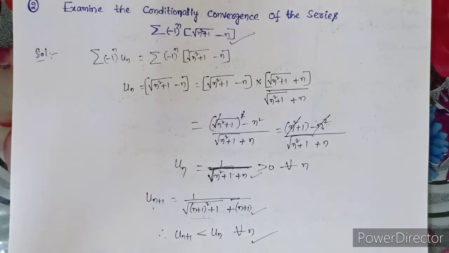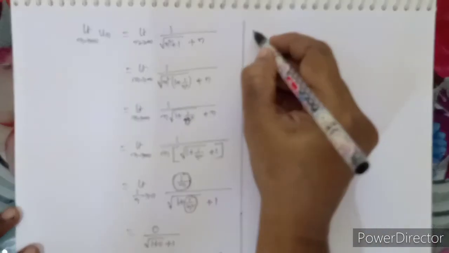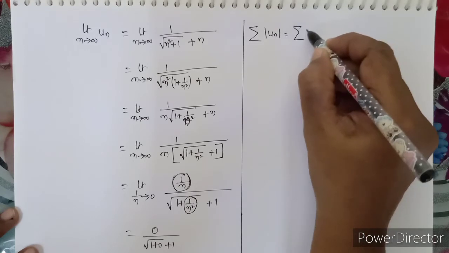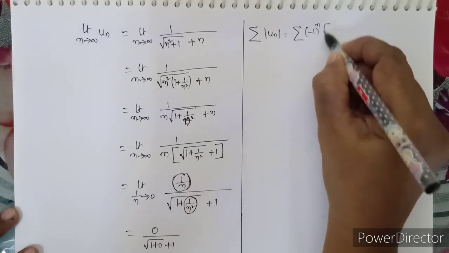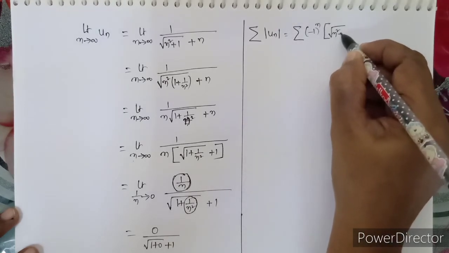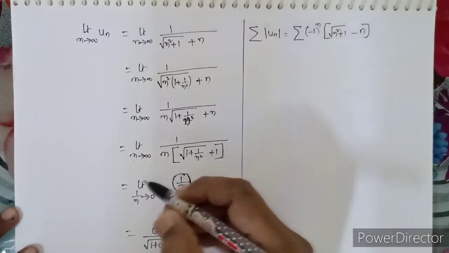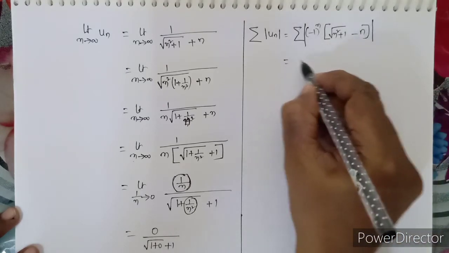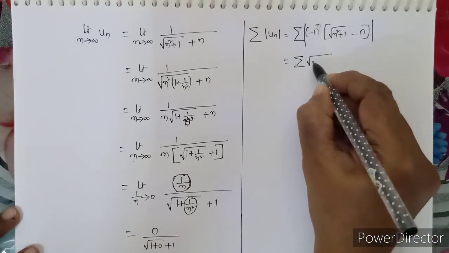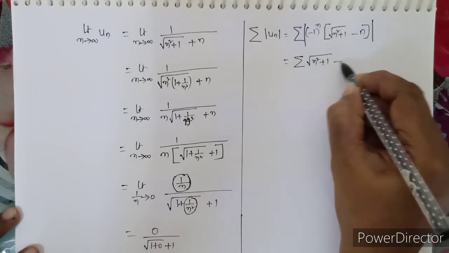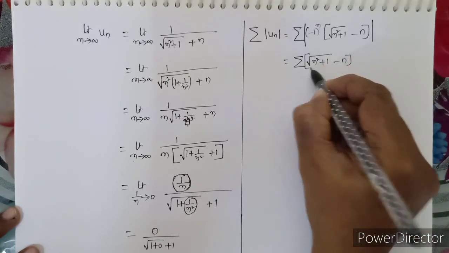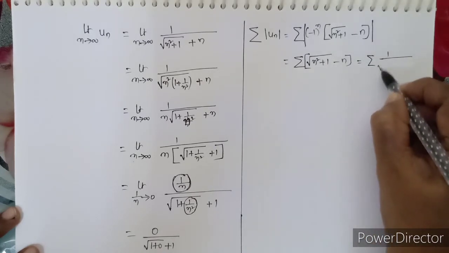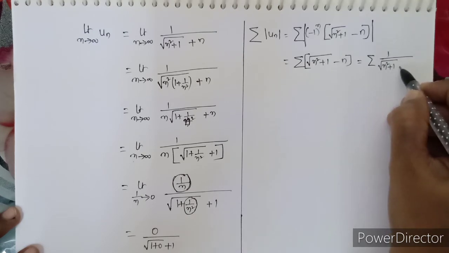Now we'll see by taking modulus. Sigma modulus of u_n equals sigma modulus of (-1)^n into root of n square plus 1 minus n. On applying the modulus, all the negative terms become positive. So sigma root of n square plus 1 minus n. Previously we have seen that on rationalizing this, we get 1 by root of n square plus 1 plus n.